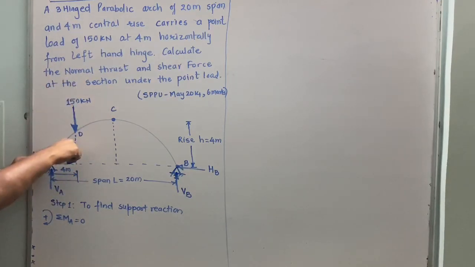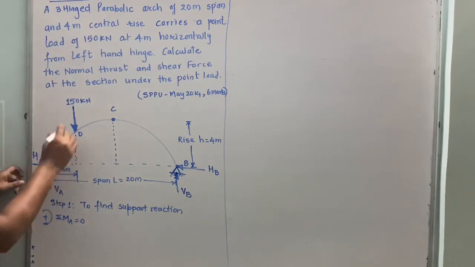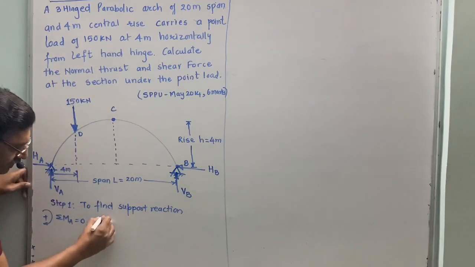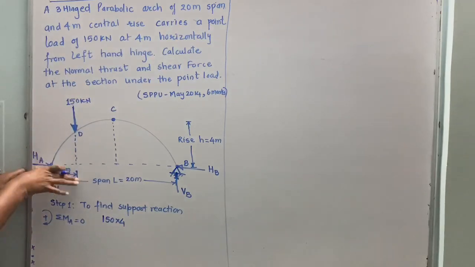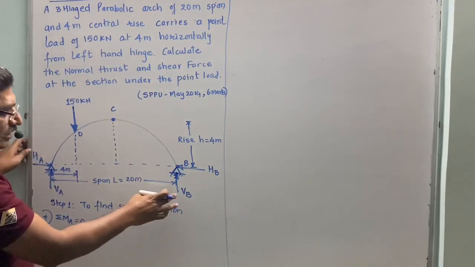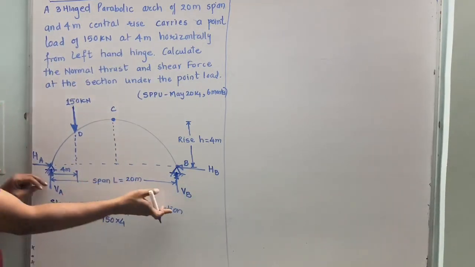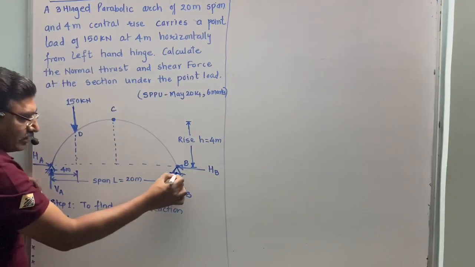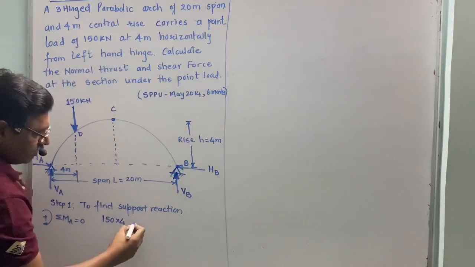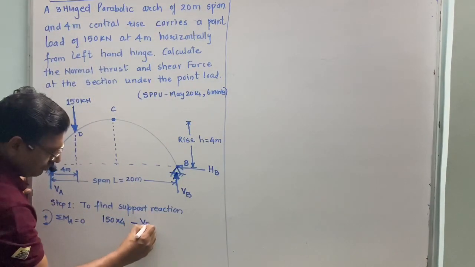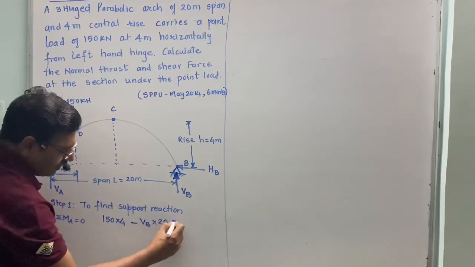This force rotates clockwise, so 150 into 4 is positive. The only other moment is from VB, which rotates anti-clockwise, so minus VB into 20 is equal to 0.